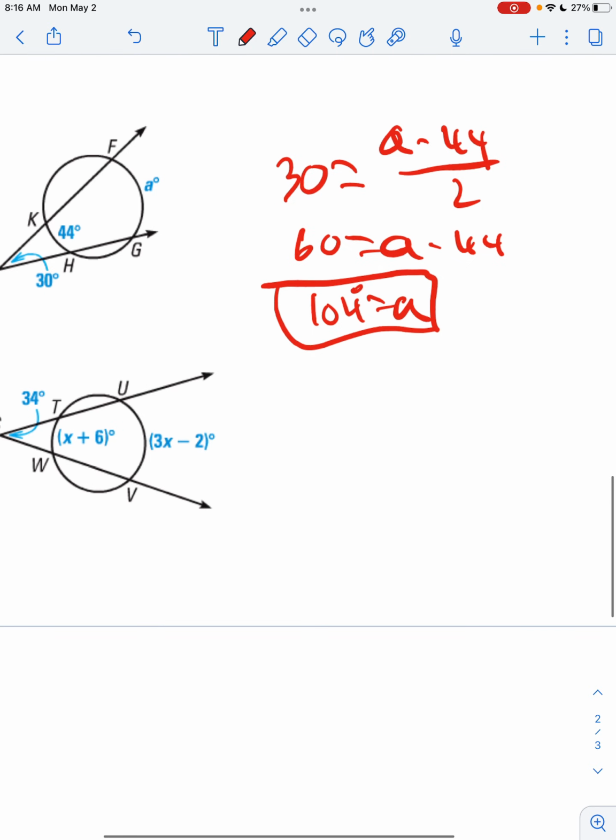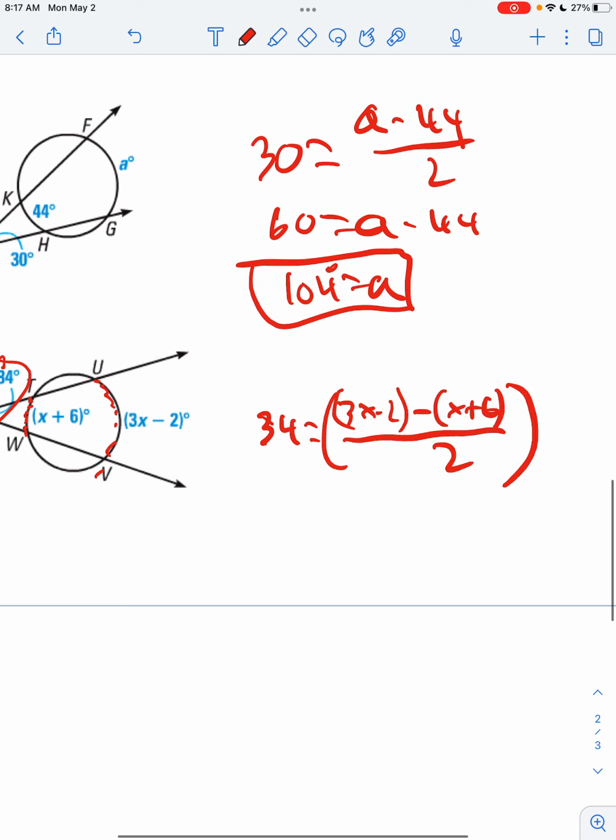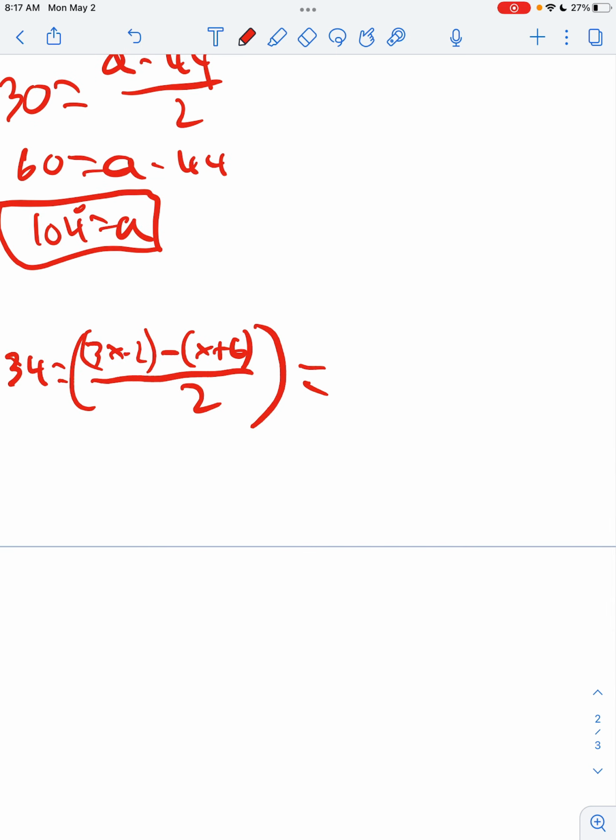And thirdly, I'm going to set it up the same. Again, I know it's eventually going to equal this. I know that it's going to take my minor arc, my smaller arc, and I'm going to subtract that from my larger arc. So 3x minus 2 minus x plus 6. And then I'm going to divide that whole thing by 2. So 3x minus 2. Make sure you distribute this to both terms.